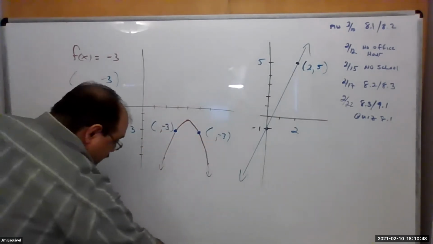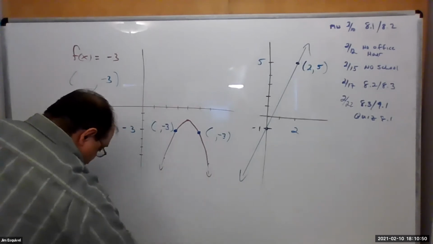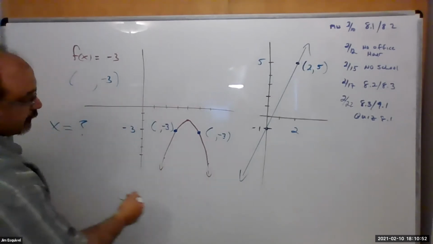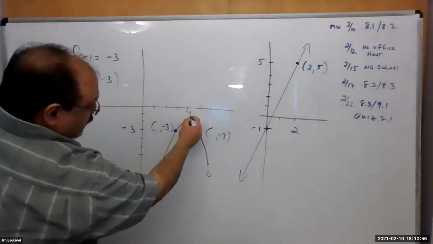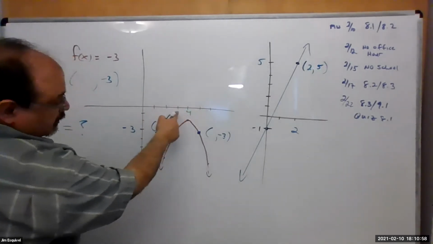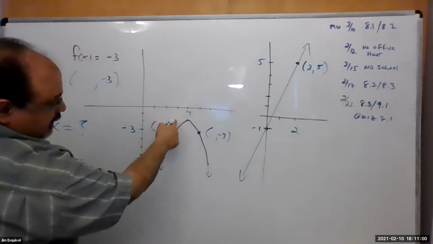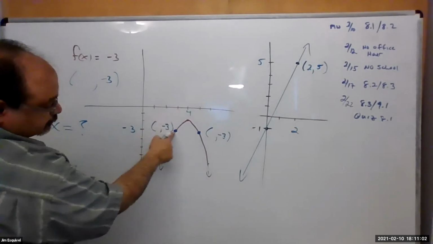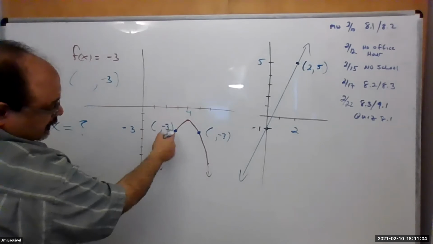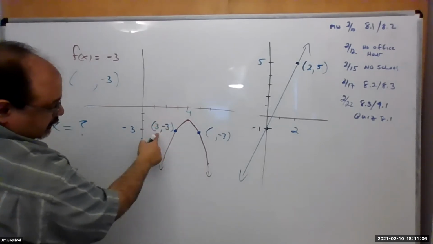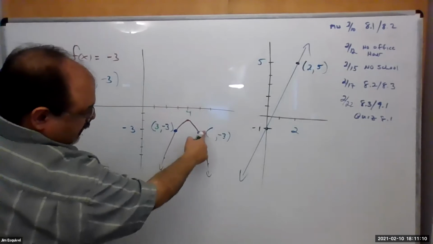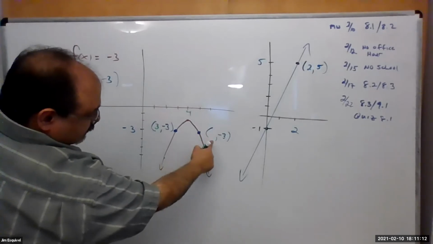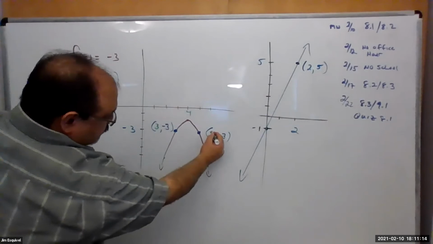So all you have to do is figure out the x that goes with each. This is 1, 2, 3, this is 4. So 1 to the left, what's this x value right here? 3. That's a +3. And 1 to the right, what's this x value? 5.